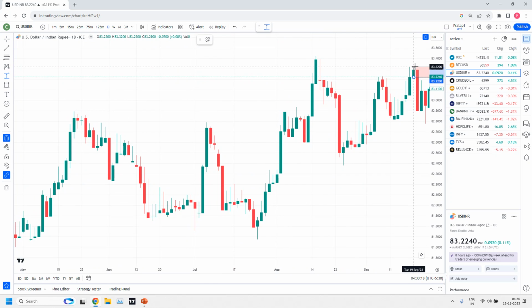So this is a supply zone. What is the high? 83.31.90, high of this candle. 83.32.